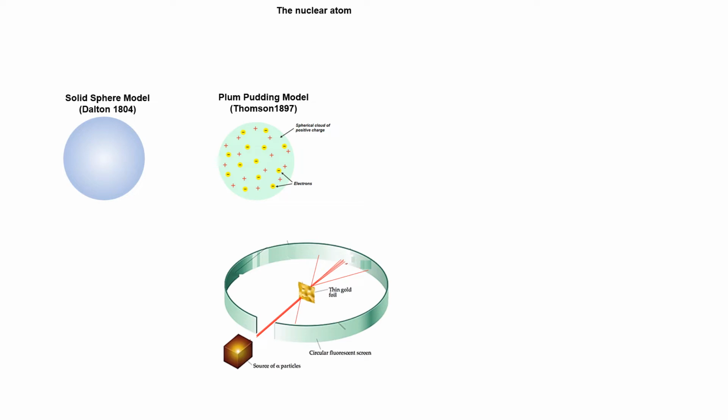In 1911, Ernest Rutherford proposed a nuclear model of the atom to explain these results. Because the vast majority of the alpha particles had passed through the gold, he reasoned that most of the atom was empty space. Look at the figure.